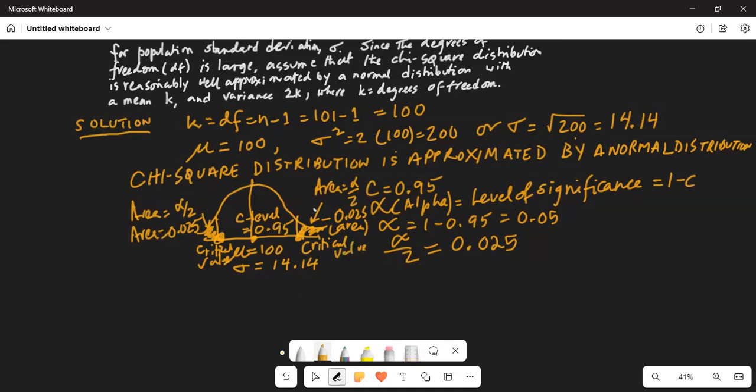So these two are the critical values of chi-square.